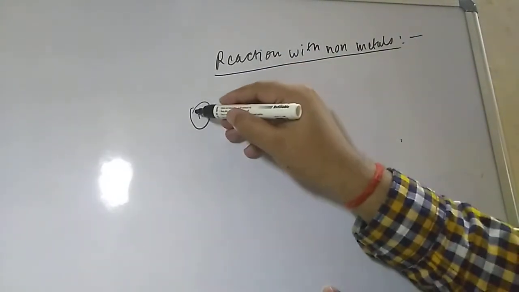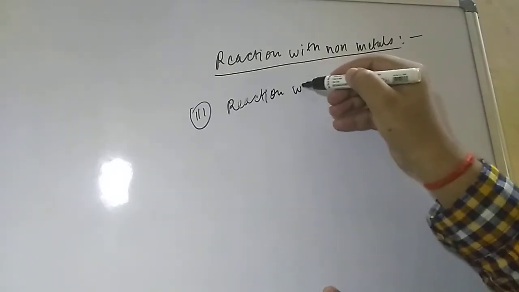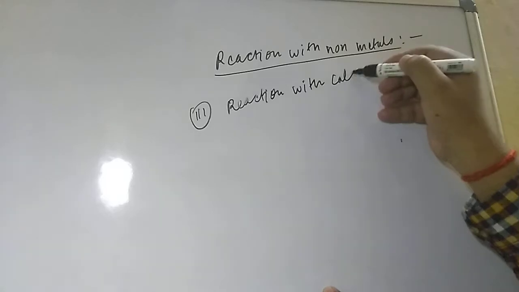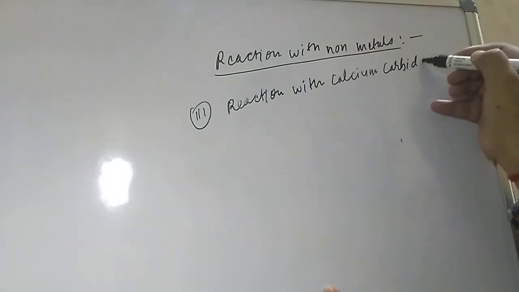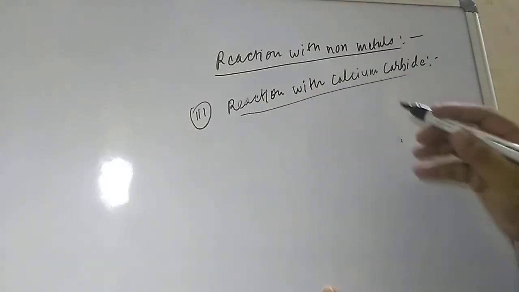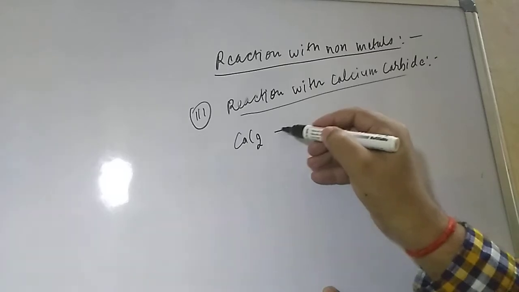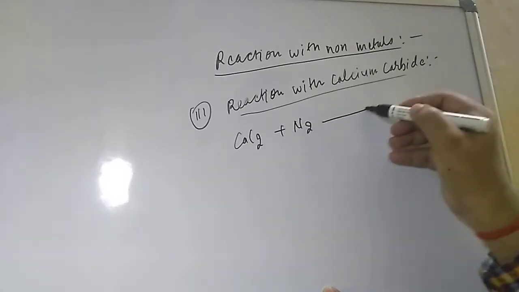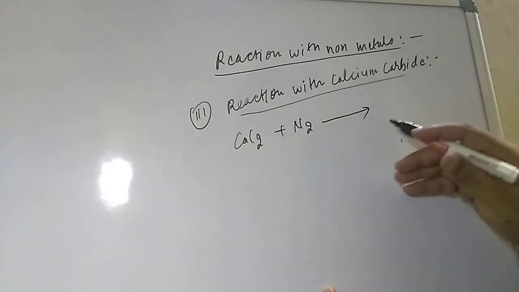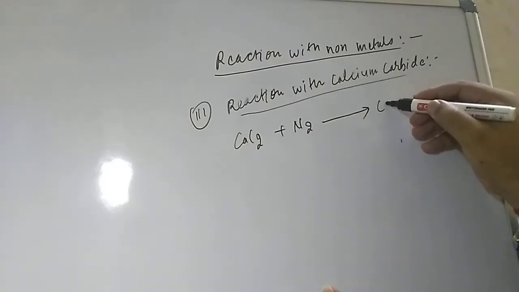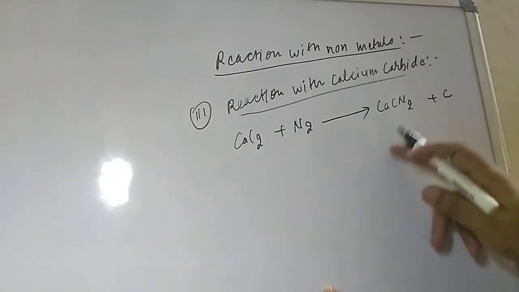Now let us read the third reaction, with calcium carbide. The third property is reaction with calcium carbide. What compound will it give? When CaC2 reacts with dinitrogen, the product is CaCN2, calcium cyanamide, along with free carbon.